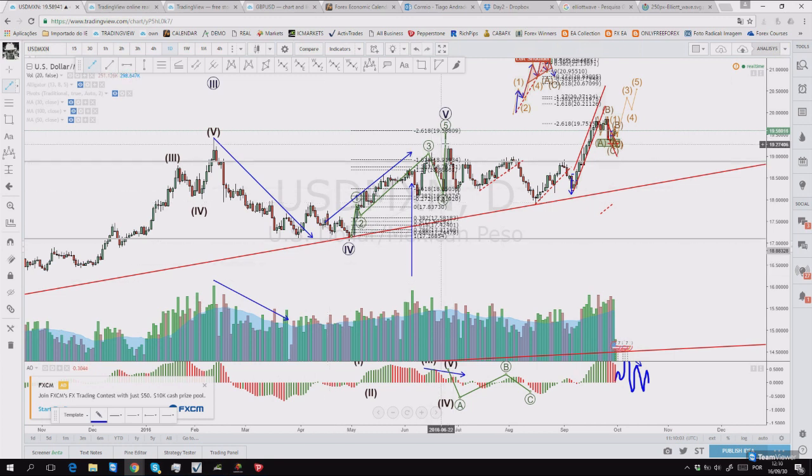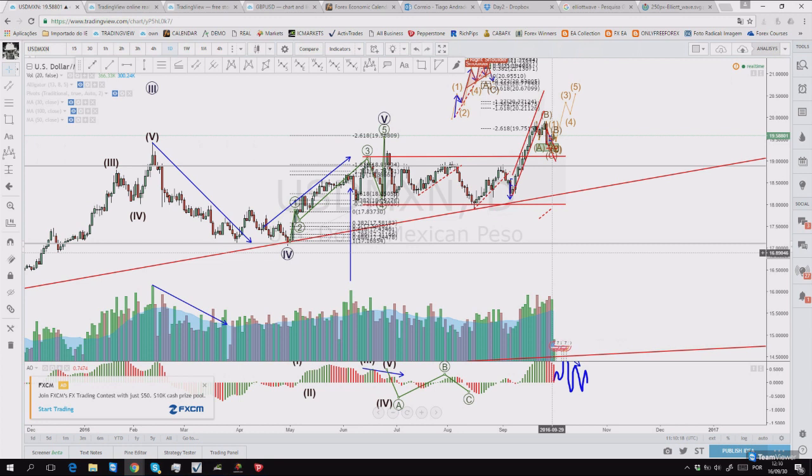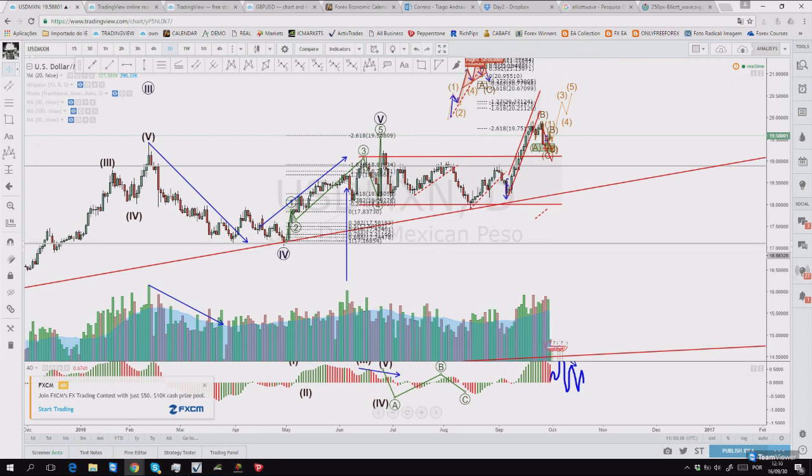So this would be what Wyckoff would call an accumulation area. And what is an accumulation area? Yeah, you can say consolidation, but this is where people got out, around here, and here, and this is when what Tom Williams calls the smart money starts buying.